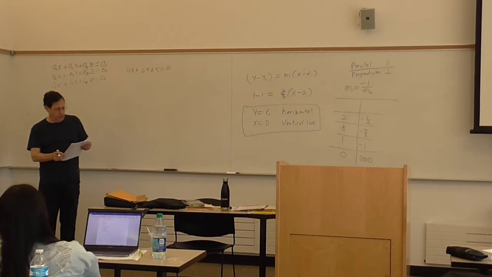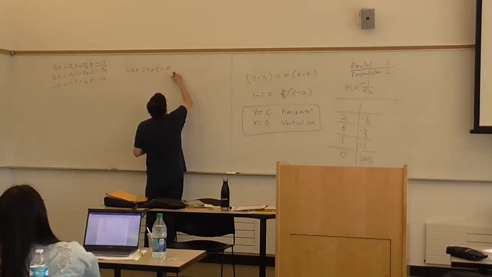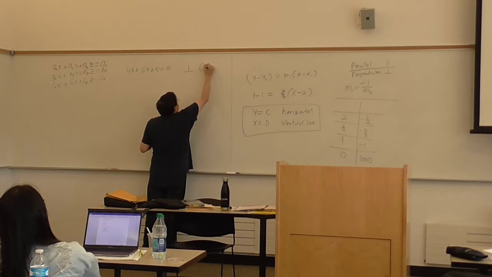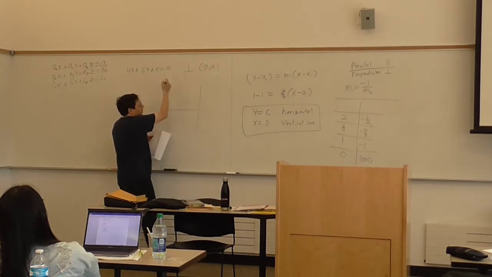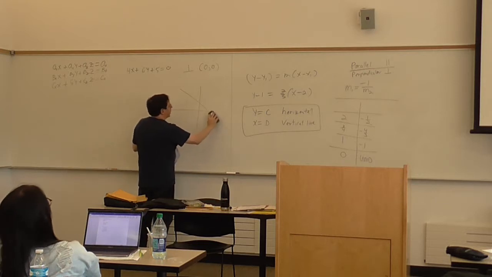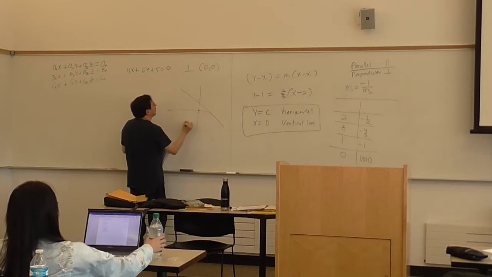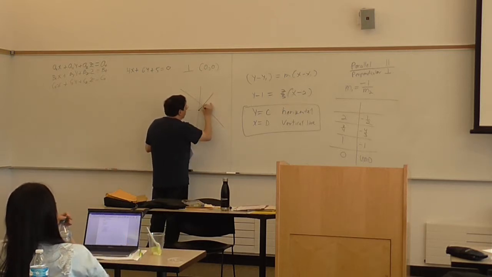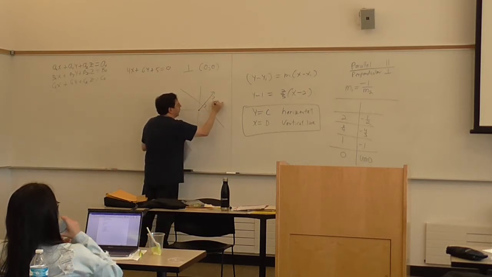I'm just going to do the perpendicular one since that's the fun one. I want to find a line perpendicular to this that goes through the point 0, 0. So I have this line, I don't really know what it looks like. And I want a line that goes through 0, 0, but is perpendicular at right angles. So the equation of this line is what I want to know.